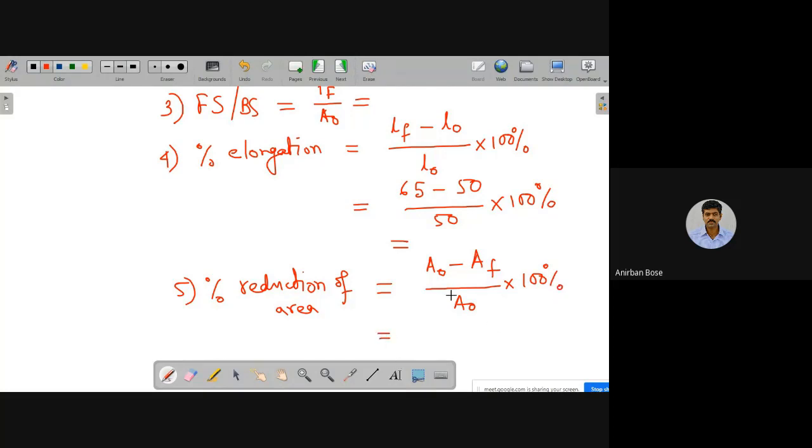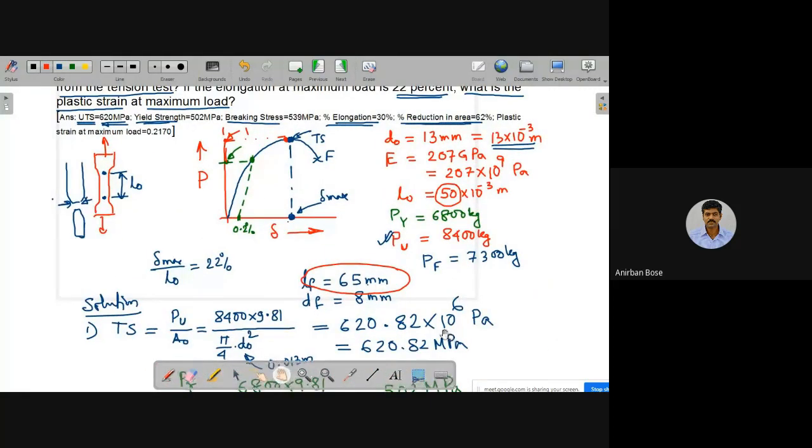So in our case, pi by 4 into d0 square minus pi by 4 df square, divided by pi by 4 d0 square. So pi by 4 will cancel in both numerator and denominator. So it is basically d0 square minus df square divided by d0 square into 100%. You do the calculation because you know d0 and df. d0 was 13 and df was 8.